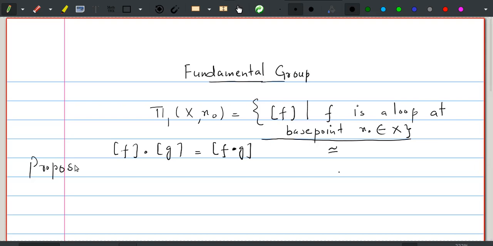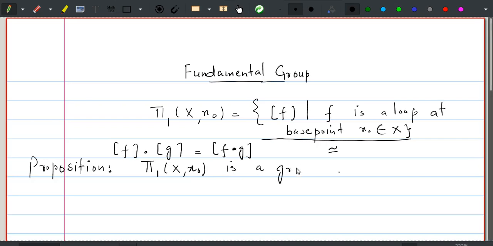So this is the proposition. The set π1(X, x naught) is a group with respect to the product.